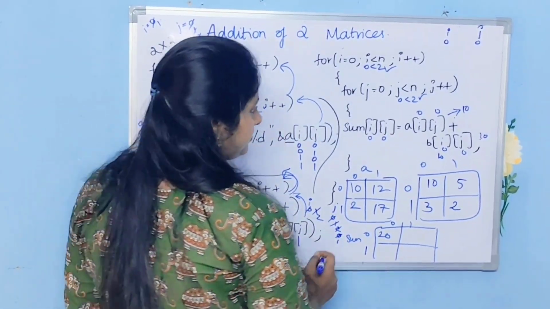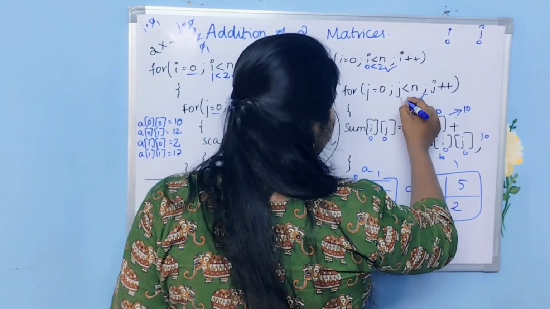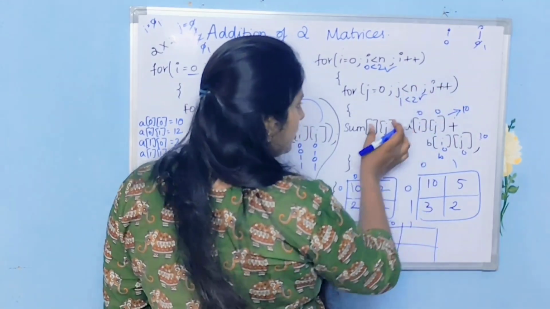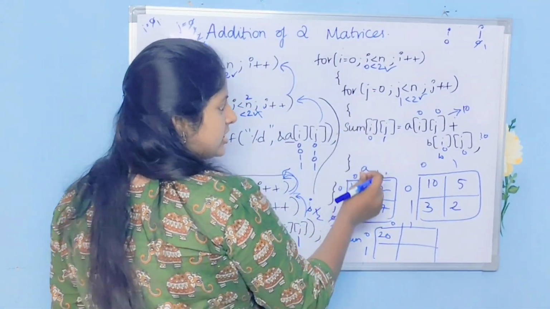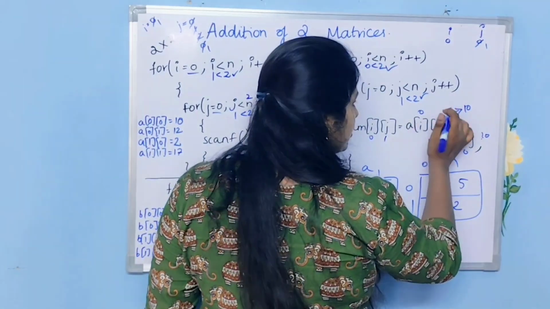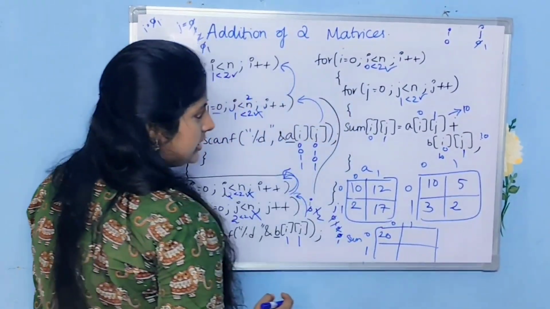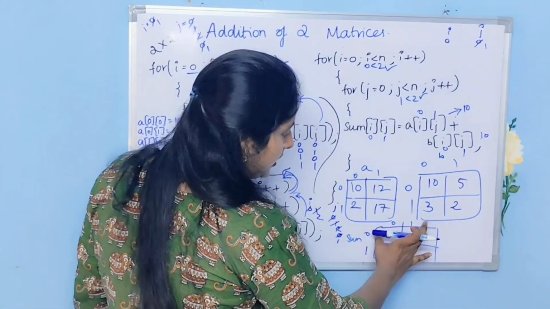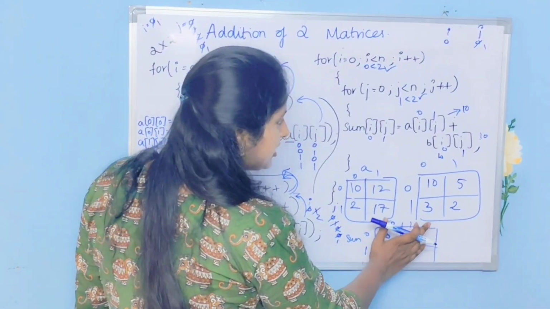Now again my inner loop is incrementing. J value is 1, 1 is less than 2, condition true. So now only the j value changes, i is not changed yet. So j equals 1. Now sum of 0, 1: you add and keep the element over here.